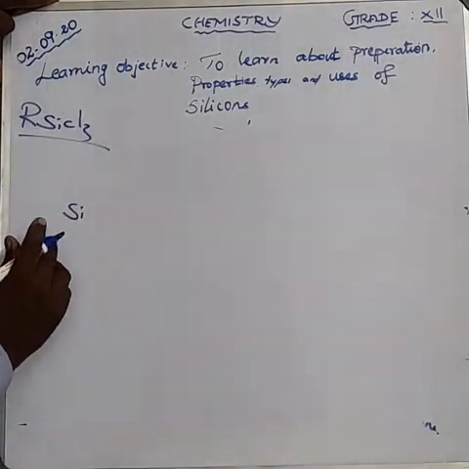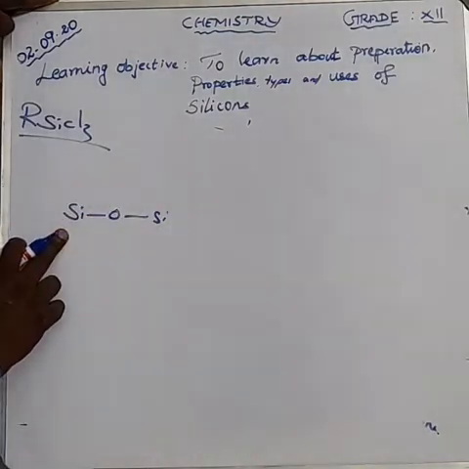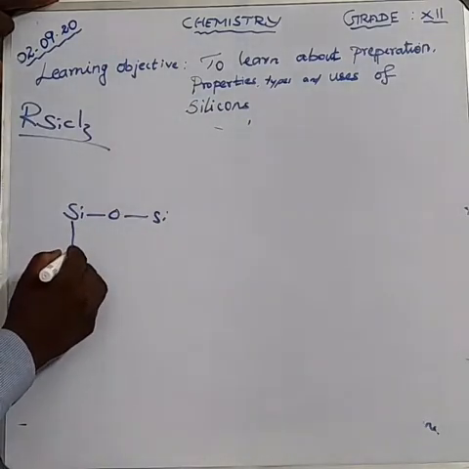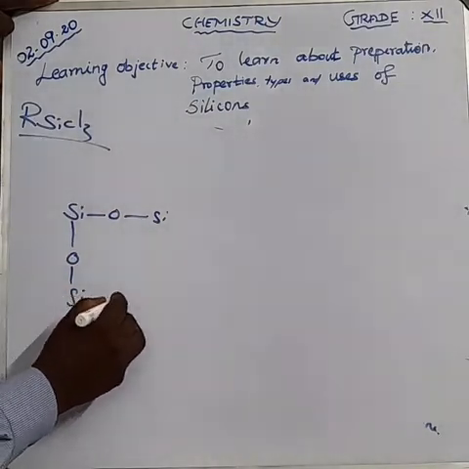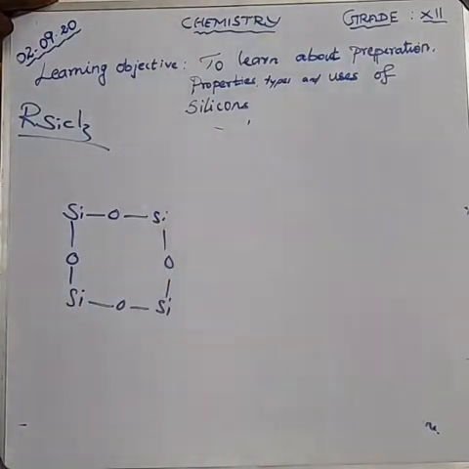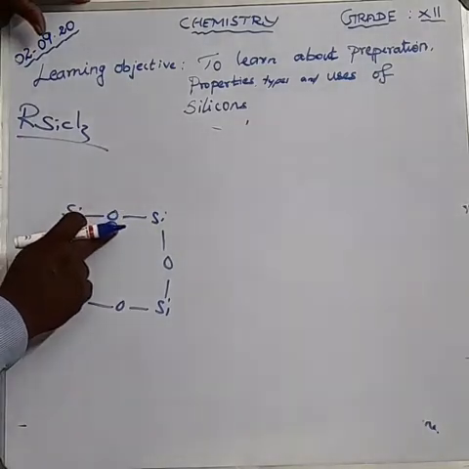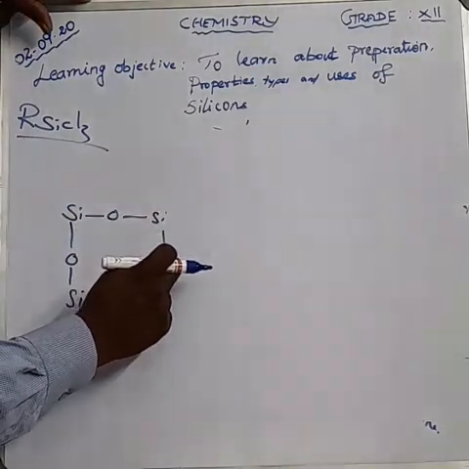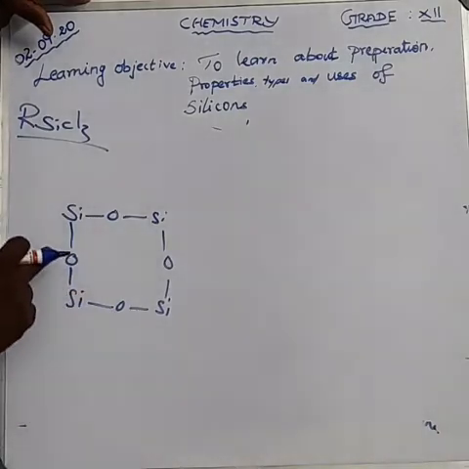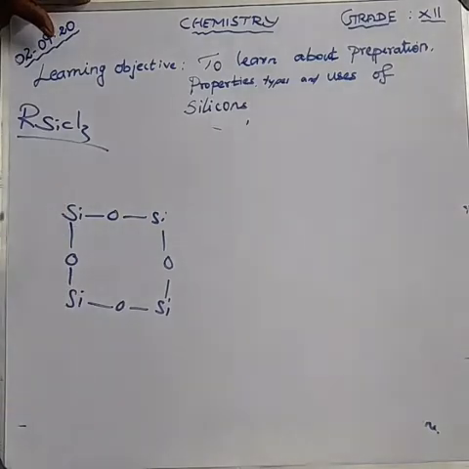Start with Si, O, Si. Silicon, oxygen, silicon, oxygen, silicon, oxygen, silicon, oxygen. Each oxygen atom is attached with silicon like that.